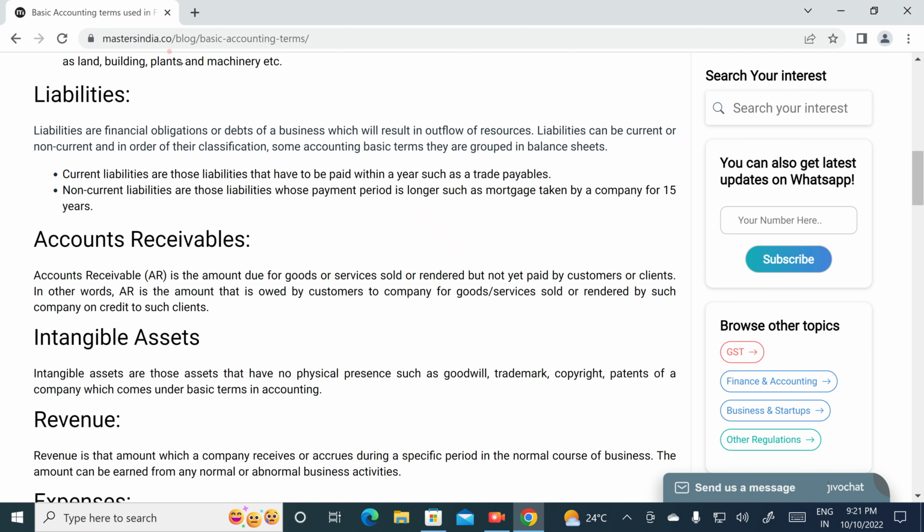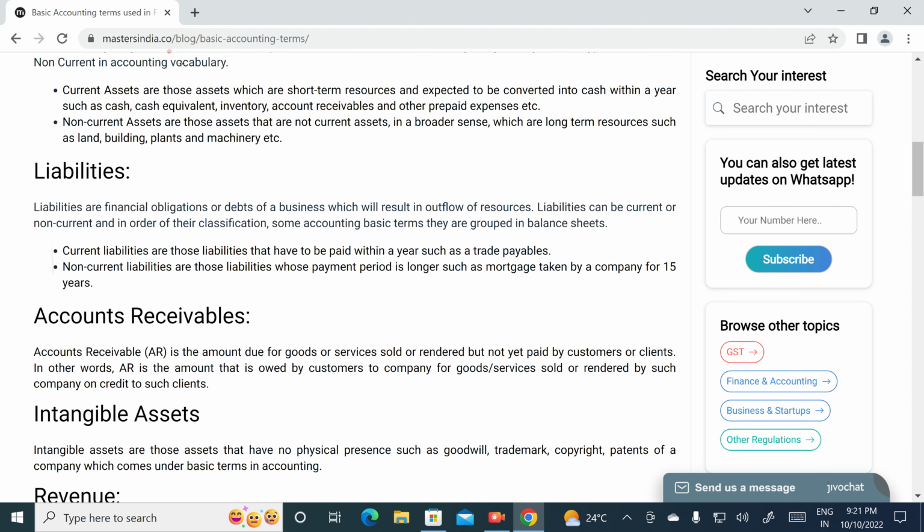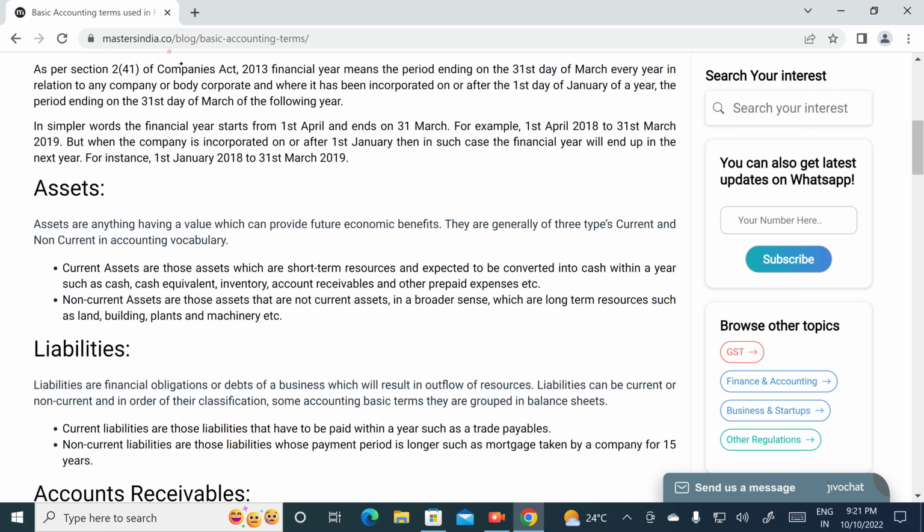So we discussed three things. First, the financial year means a period of 12 months. In India, it is from 1st April to 31st March. Second is the assets. Assets are anything which has a value and which can provide us future benefit.